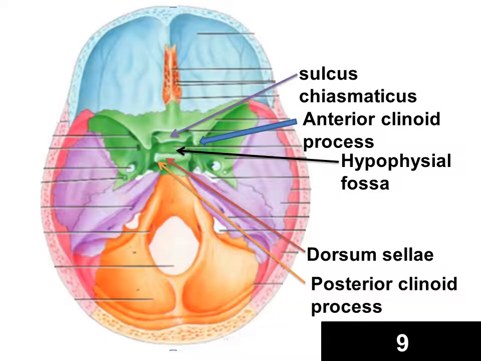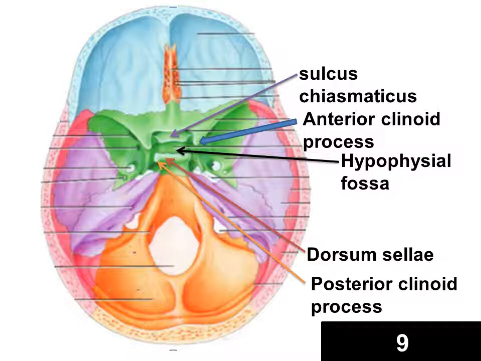Now the median portion of the middle cranial fossa, as you see anteriorly behind the jugum sphenoidale. This is the anterior part of the superior aspect of the body of the sphenoid.